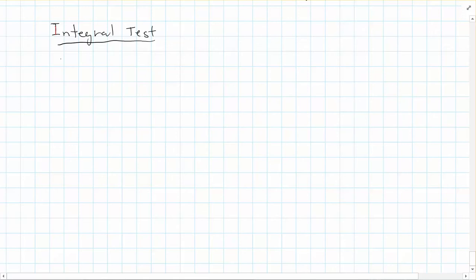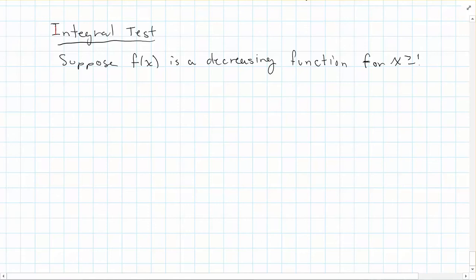There are a couple things that we need here. We first need, suppose f of x is a decreasing function for x greater than or equal to 1, and let a sub k equal f of k for k equals 1, 2, 3.